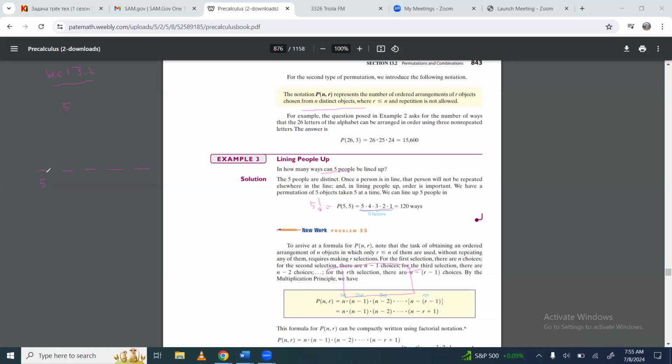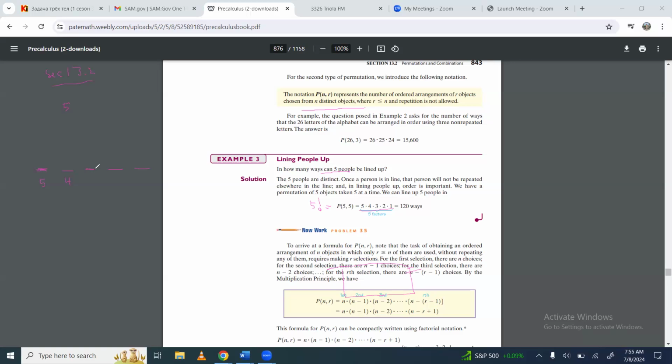So there are 5 ways to put the first person in this line. And once you have selected the first person, for the next position there'll be only 4 left, because the first position is already taken. So for the next position, there is one less possibility. There are 4 only.